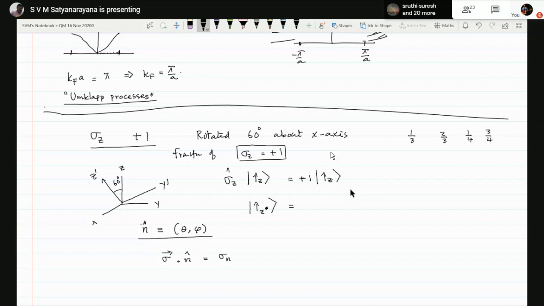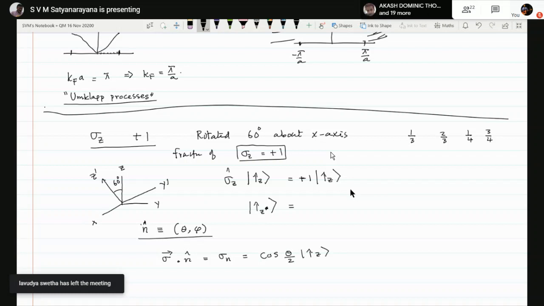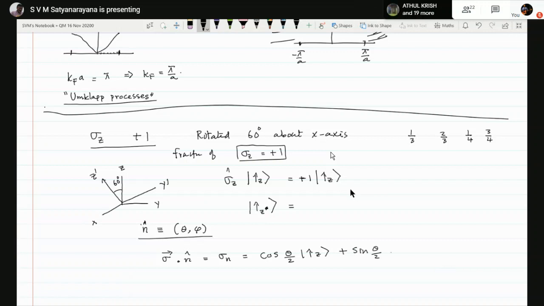That can be written in terms of the eigenspace of sigma z. My up n can be written in terms of up z as follows: cos theta by 2 into up z plus sin theta by 2 into e to the power i phi. So this is a generic representation of sigma along any particular direction.